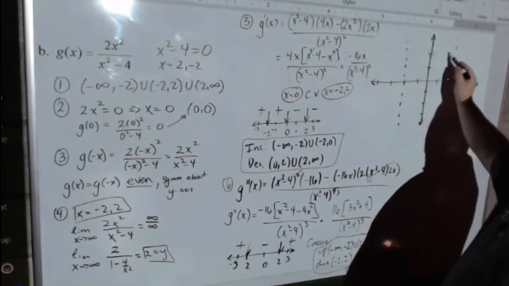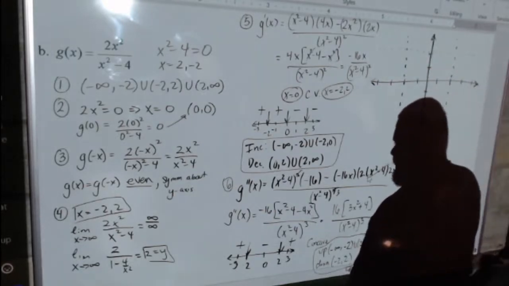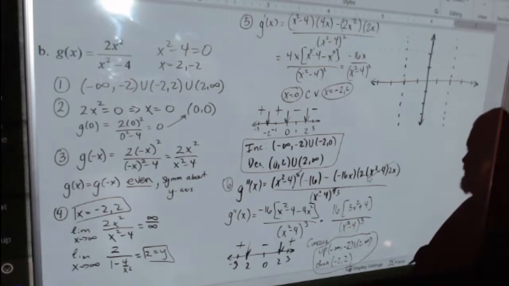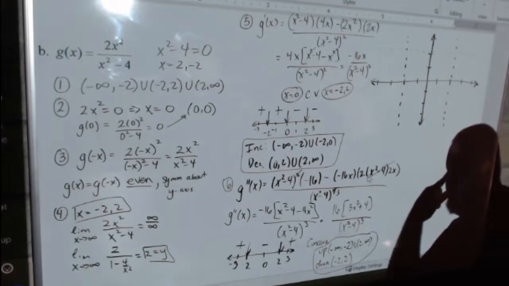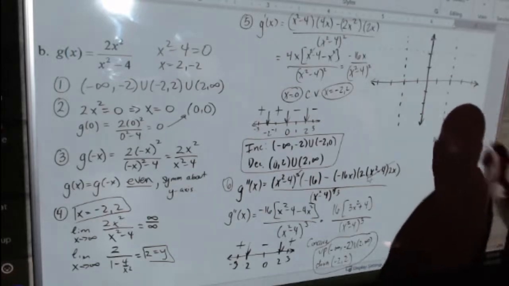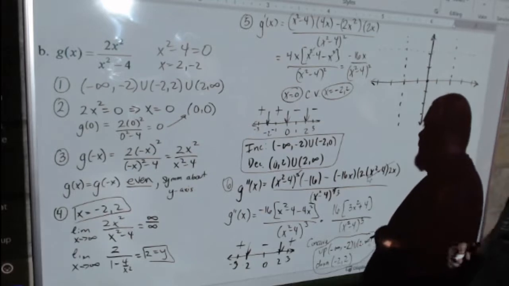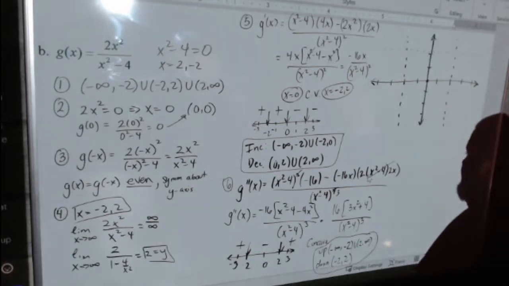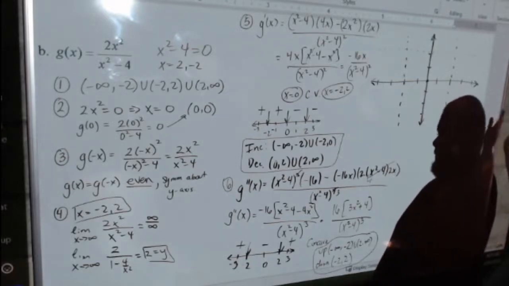Okay. Let's see. We've got to cross through the origin, right? So we know we touch here. We've got to be even, so whatever it looks like on one side of the axis, it's got to look like on the other.